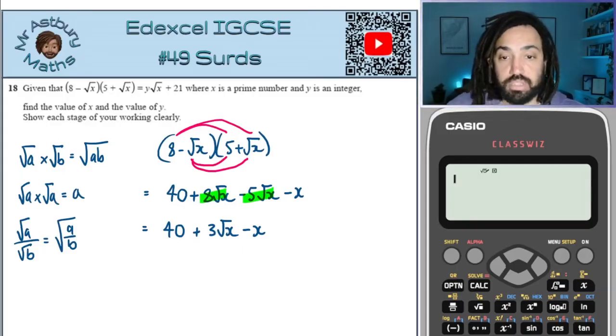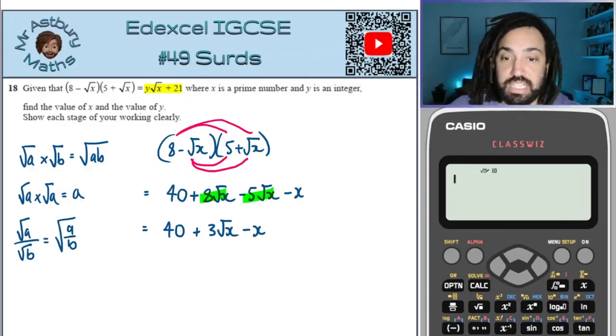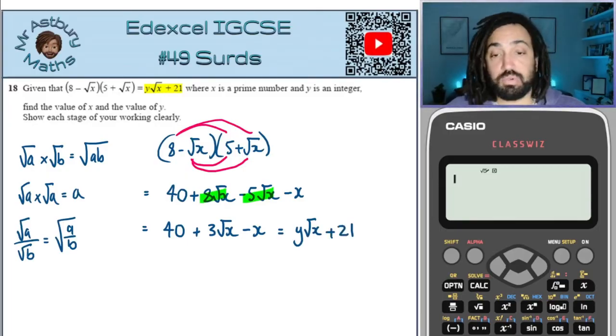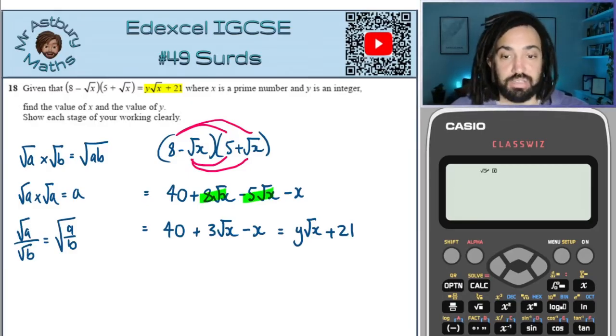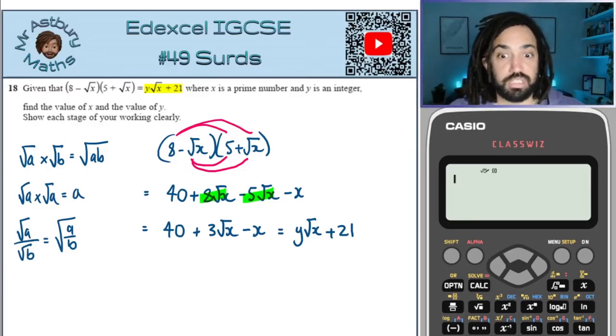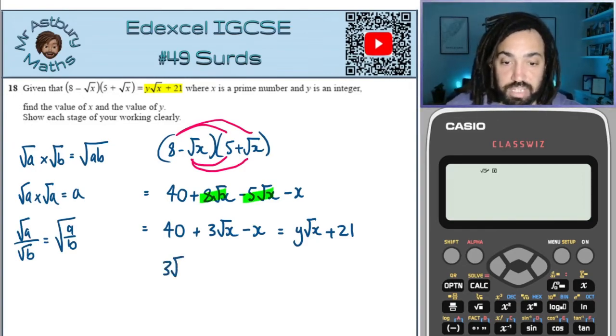Okay, so we have been told that that is the same as this. So the left hand side, which we've expanded out, is the same as y root x plus 21. So what we're going to do is match up irrationals and rationals, so we're going to match up surds and non-surds basically. On the left hand side we have 3 lots of root x.